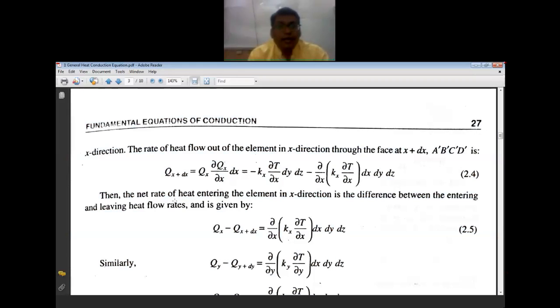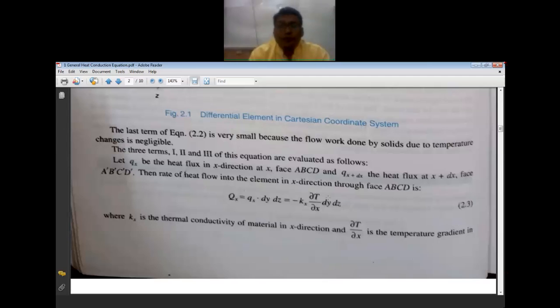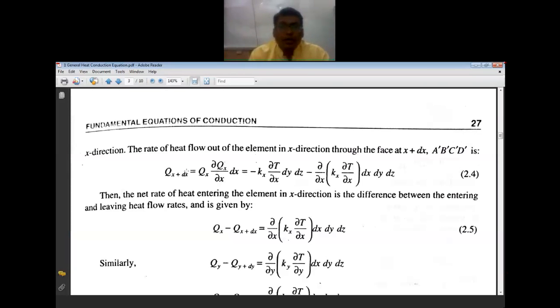Now the net rate of heat entering the volume element in the x direction is the difference between the entering and the leaving, so Qx and Qx plus dx. Qx we have already calculated here, and Qx plus dx is calculated from here.